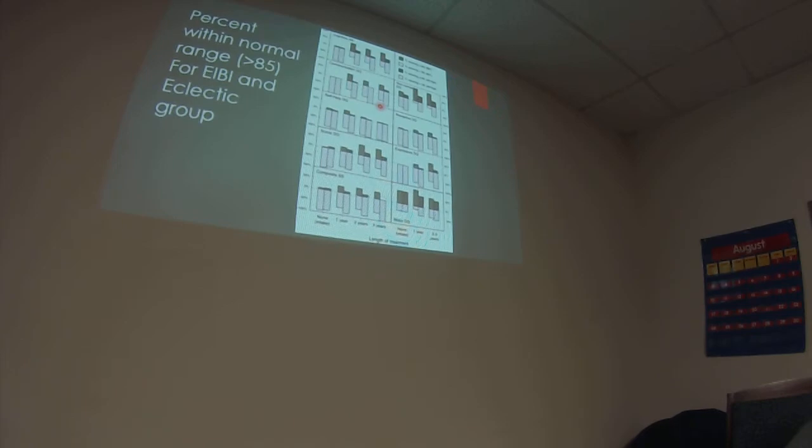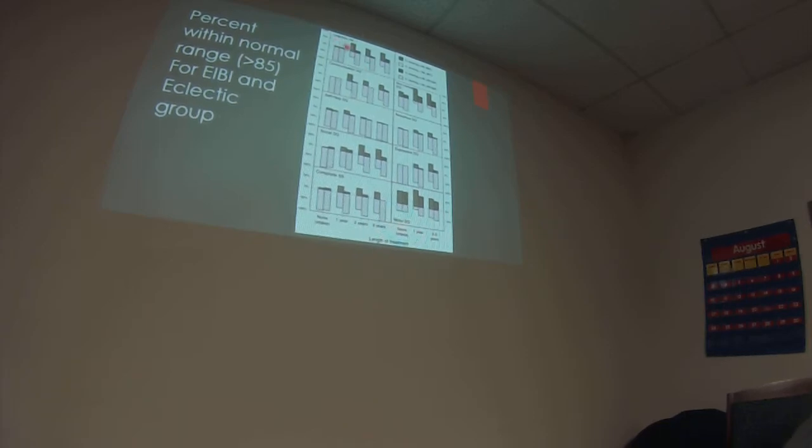So this here, let me see if I can understand this again. Again, we have a line here, which is the normal range. And here again, they have collapsed the AP and the GP group into the eclectic group.